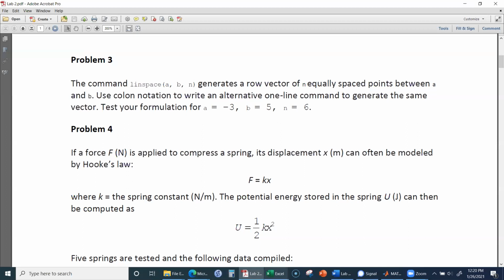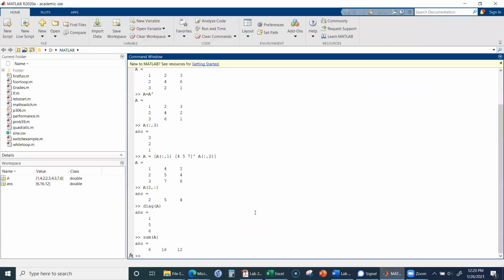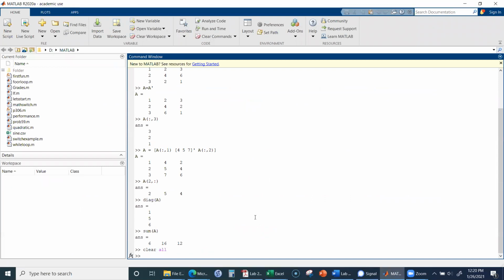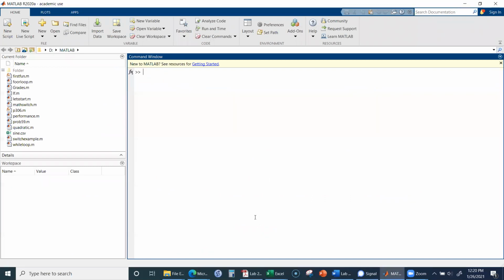So let's try this linspace command. The linspace command is sometimes very useful. So I can clear all, clc. Okay, I clear the space and then I have a clean command window. So I want to use the linspace command. linspace means linear spacing.